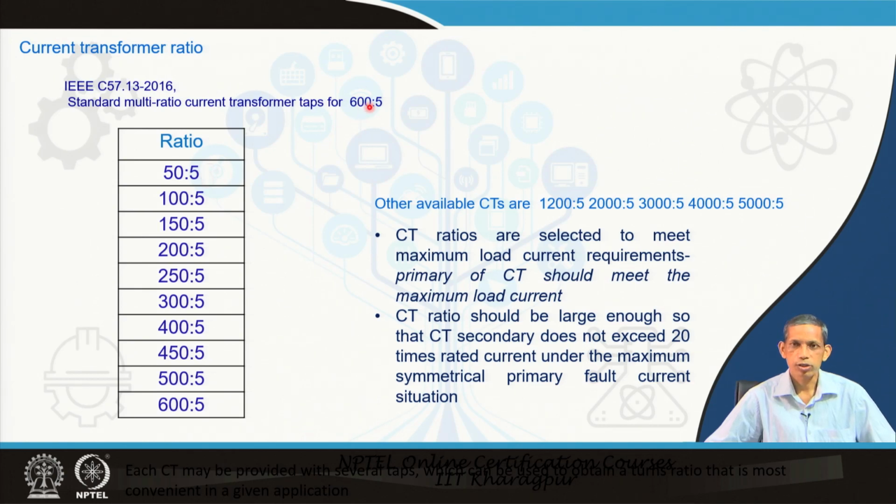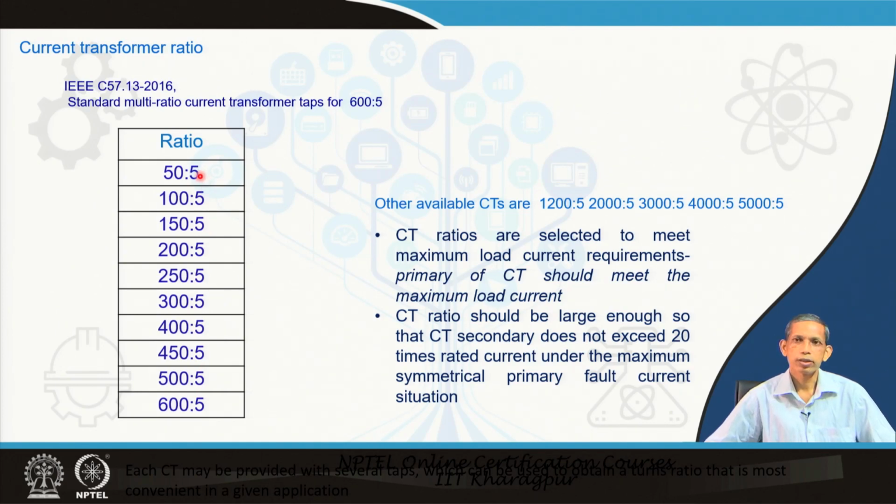Like for this 600 to 5, the manufacturer should provide, as per this standard, 50 to 5, 100 to 5, and like this 300 to 5 and continuing, up to 600 to 5. So, if we say from this 600 to 5 CT, this gives you a 1 to 120 turns ratio, then 50 to 5 is a 1 to 10 turns ratio.